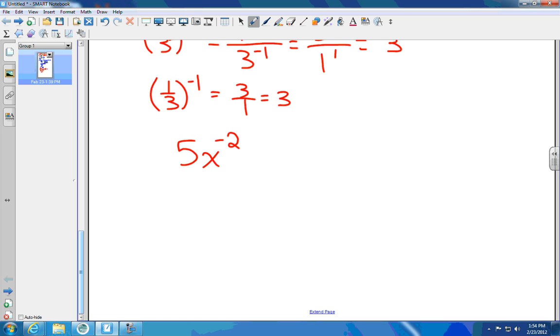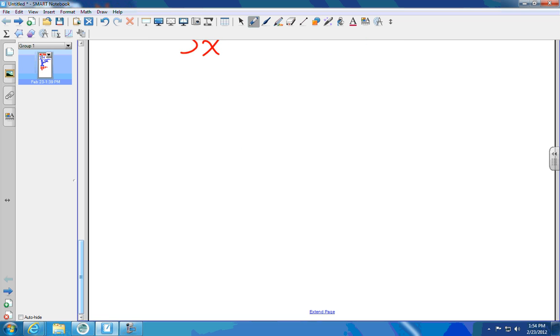So if we have 5x to the negative 2, what's being taken to the negative 2? The x. So do we need to do anything with the 5? No, it stays right there. What do we have to do with the x to the negative 2? We'll multiply, but we don't have to put 1 because what's in the top? 1. What else is in the top there?